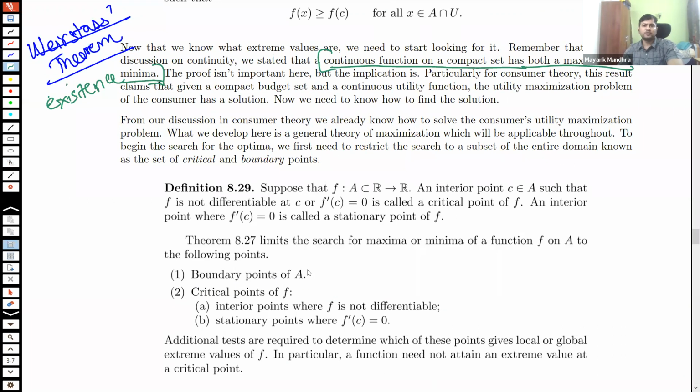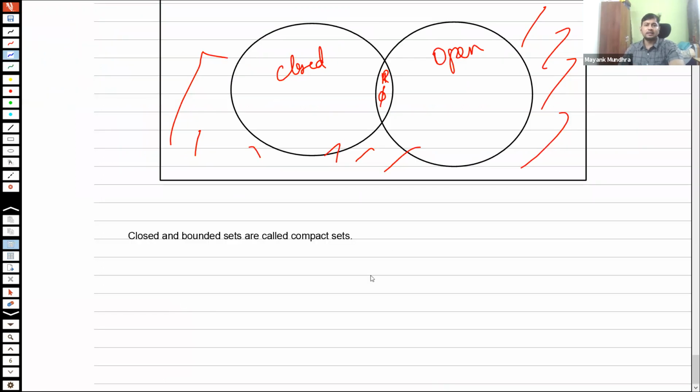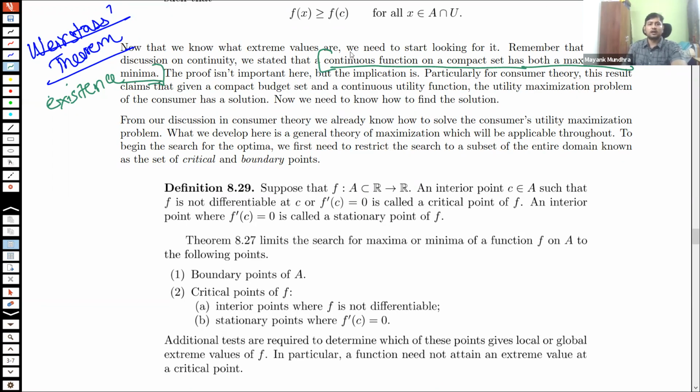So Weierstrass's theorem says that a continuous function on a compact set has both a maxima and a minima. Okay.